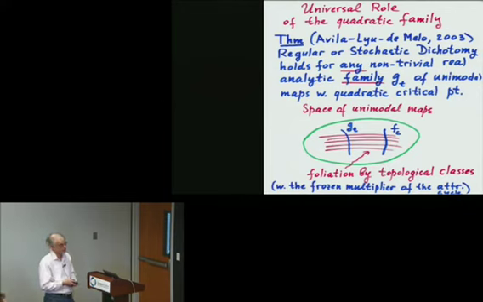What we have proved is that these classes are actually analytic submanifolds, codimension one, and the holonomy is sufficiently regular, though not smooth, to carry the theorems, as I suggested, from one family to another. So we proved this result about the global foliated structure of this space of unimodal maps, and then just transferred the result from the quadratic family to a generic real analytic family.